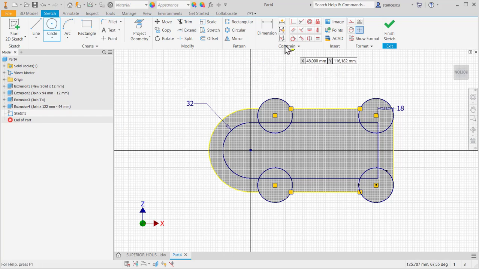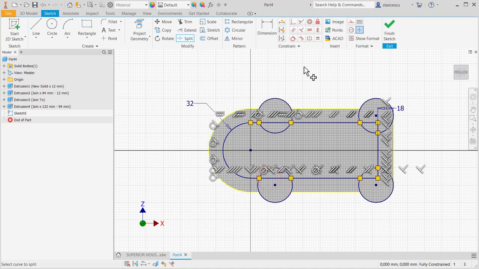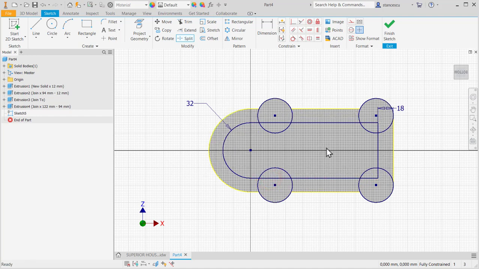Now split. Split circles and then lines. 1, 2, and 2. I hope that all are selected.